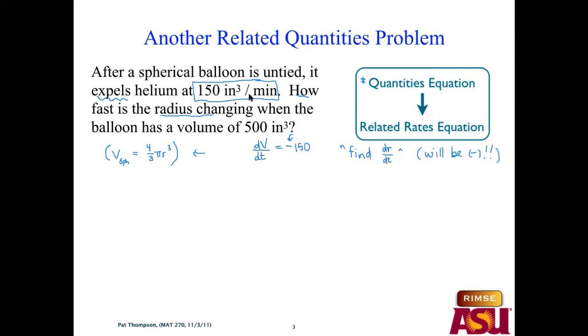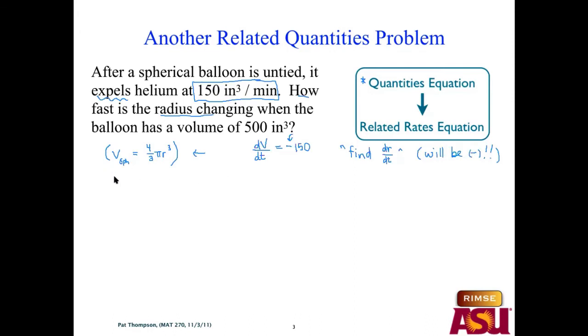I'm not going to use this information until the end. I want to start with a quantities equation, create a related rates equation, and then plug in numbers afterward. So this number is talking about a specific point in time during this situation, not about volumes and radii in general.